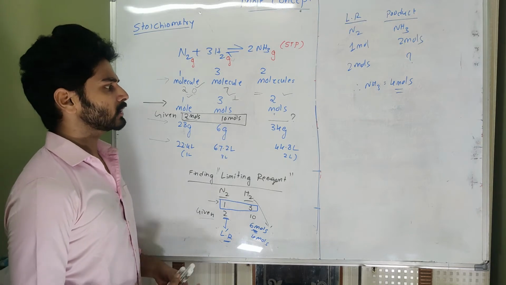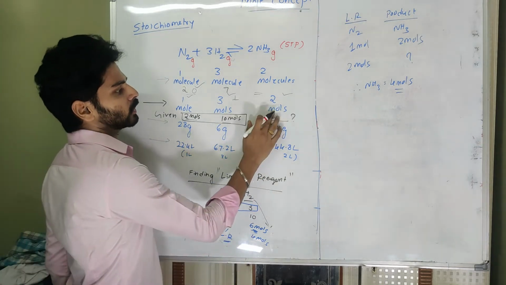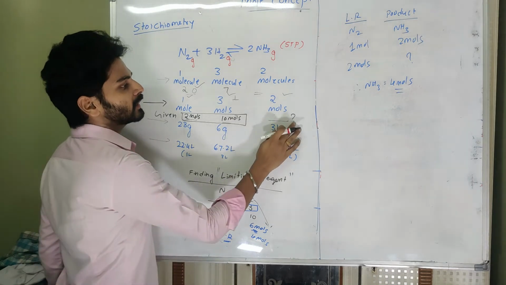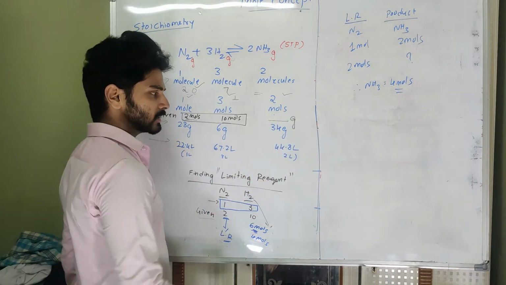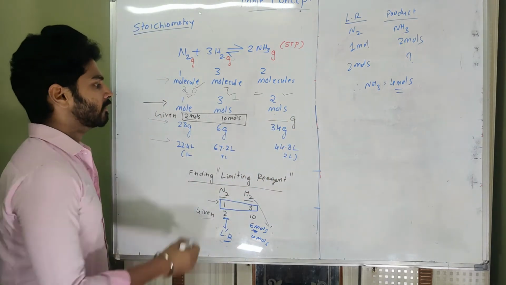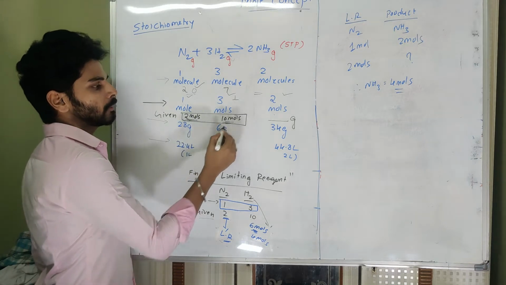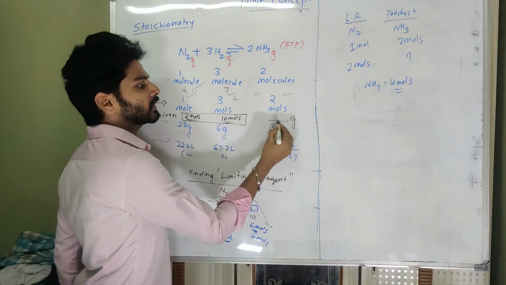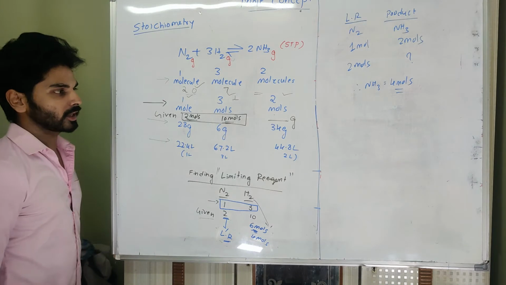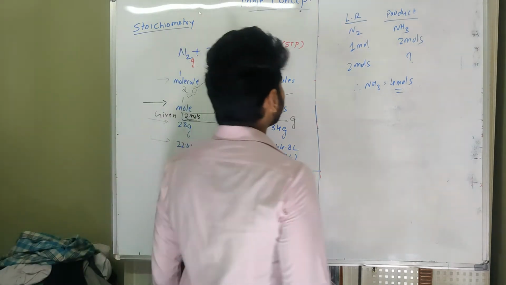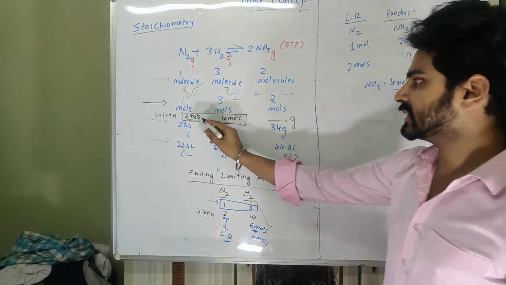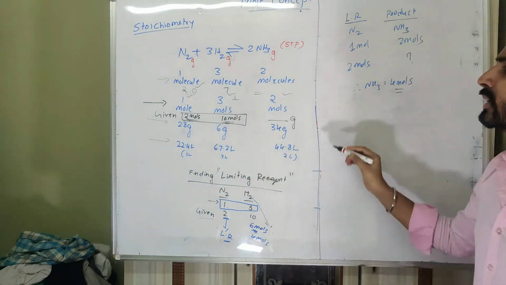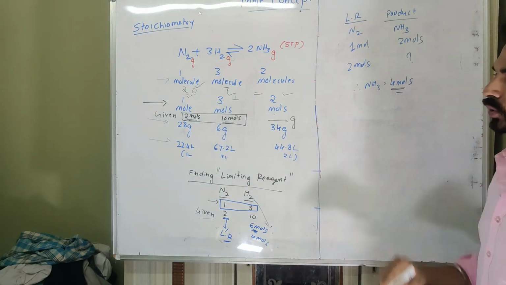If the question was not about the moles of product formed but in terms of grams, this is also possible. They may give us data in terms of moles but ask us to calculate the grams of ammonia formed. Now it is very simple. Since the given data is in terms of moles, first calculate the amount of product in terms of moles only.